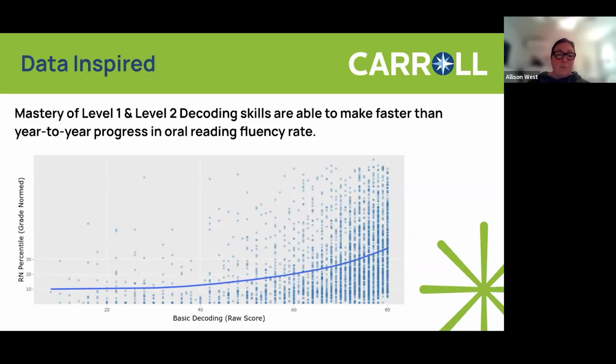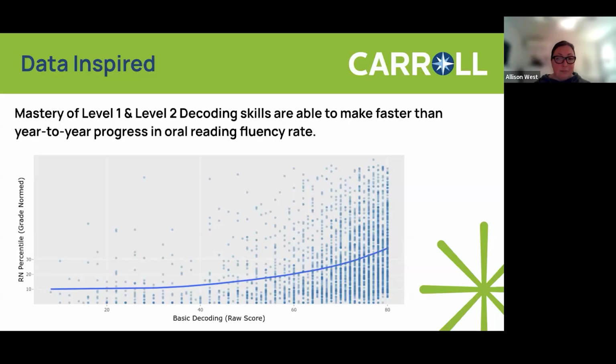And why this is so important is we can't begin to really focus on oral reading fluency until there's a certain level of decoding mastery. And it is essential that we keep track of this, because once a student has achieved the ability to really focus on fluency, then we can begin to build that into their focus area program.